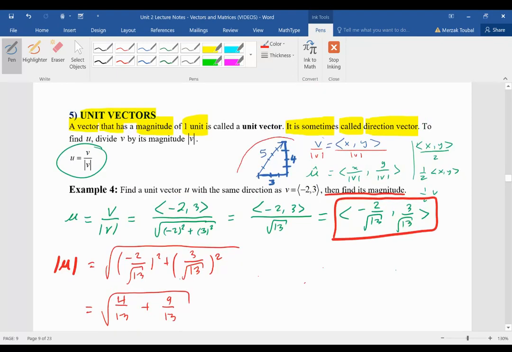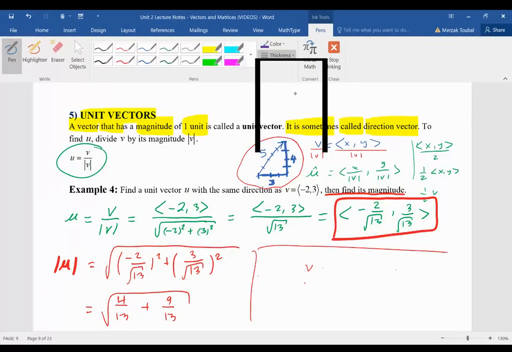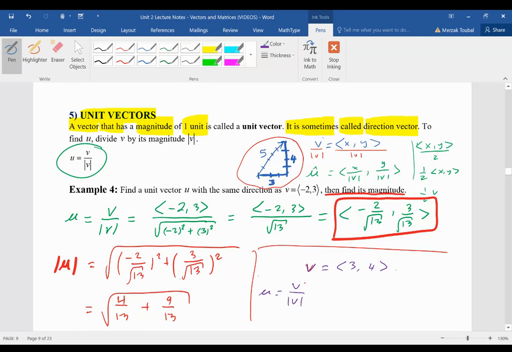Same over here. If we try to find the unit vector for the example I gave you over here to explain, this is extra. So vector v, whose x component is 3, y component is 4. So the unit vector u would be v divided by the magnitude of v, which is 3 comma 4 divided by the square root of 3 squared plus 4 squared.